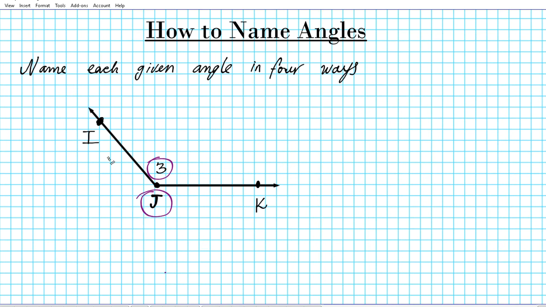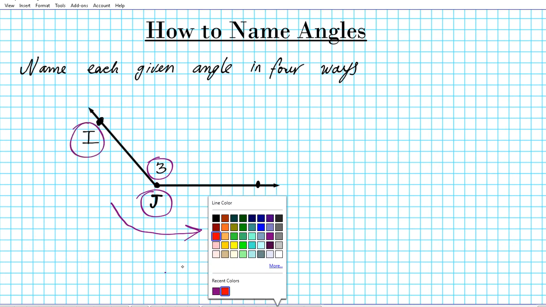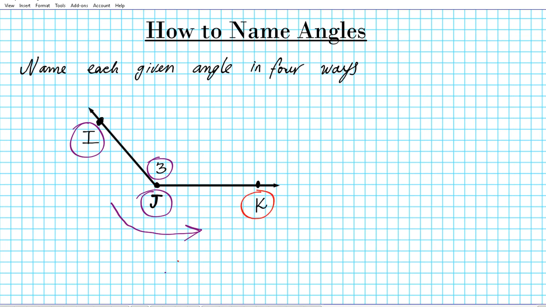We can make use of these 3 letters I, J, K going from I to K, or we can make use of the 3 letters again, but in the reverse order, going from K to I. Those are the 4 ways that we are going to name this angle.